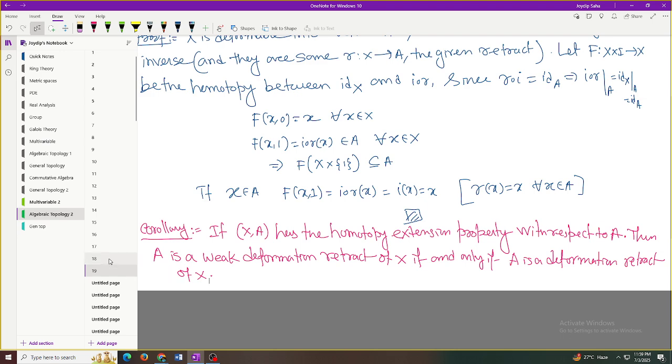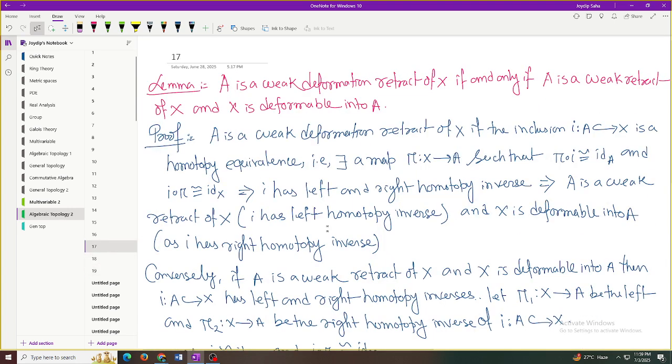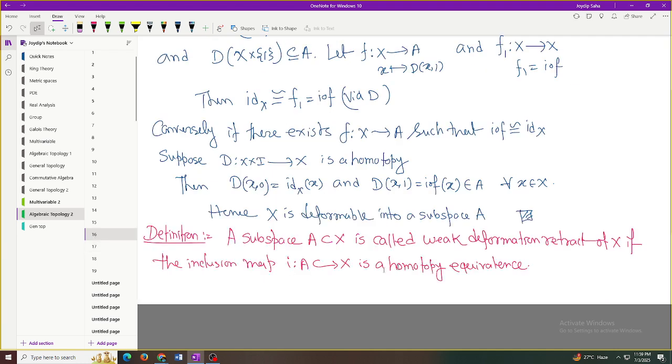It has right and left homotopy inverse. This inclusion map is a homotopy inverse. So the inverse, which is also left inverse and right inverse, it is actually a retract.